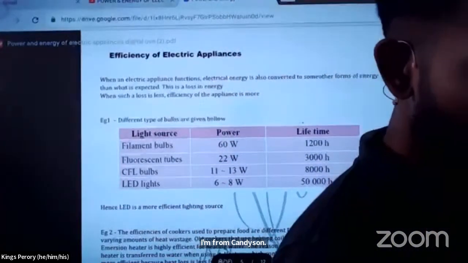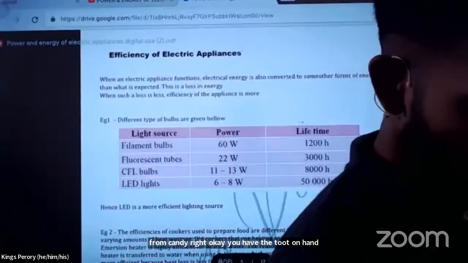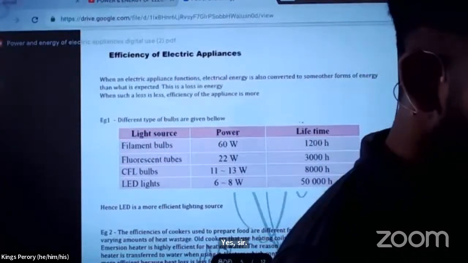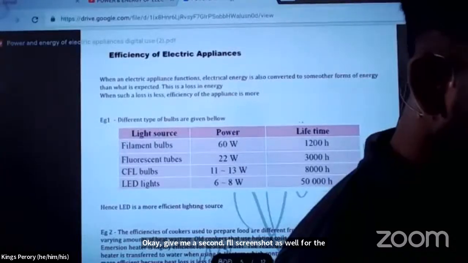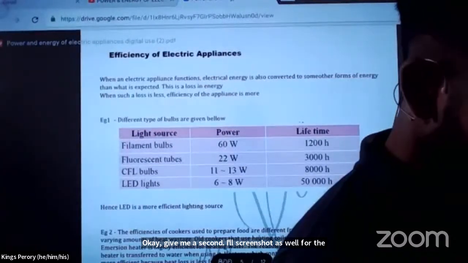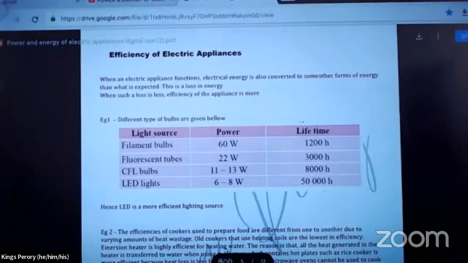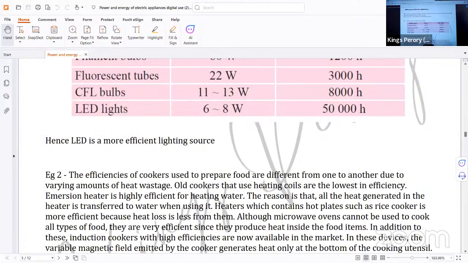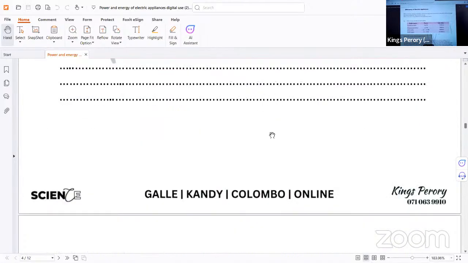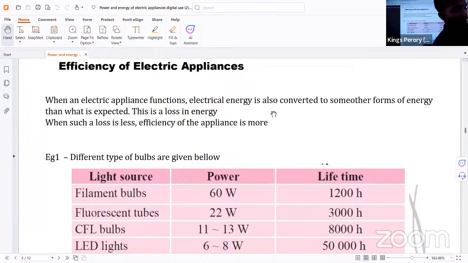Right, okay. You have the tute on hand? Yes, sir. Give me a second, I'll screen share for the others. Then you can start reading. Right, go ahead.